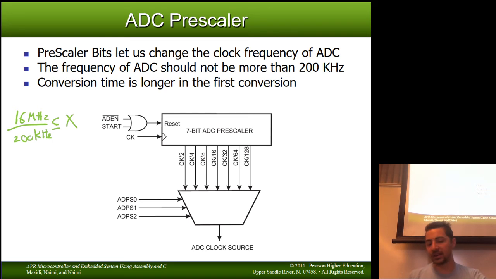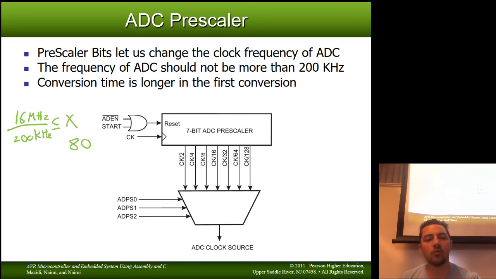So what happens when I take 16 million and divide it by 200,000? I get 80. So 80 must be, or rather my divider must be greater than 80.